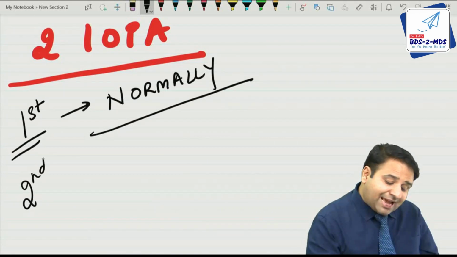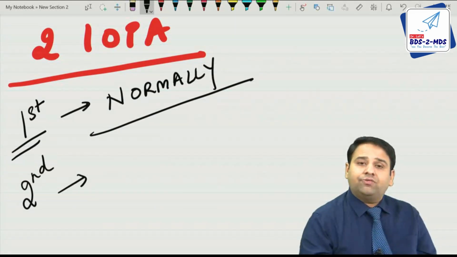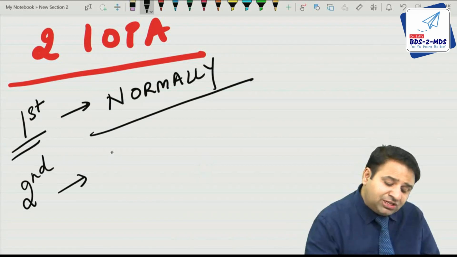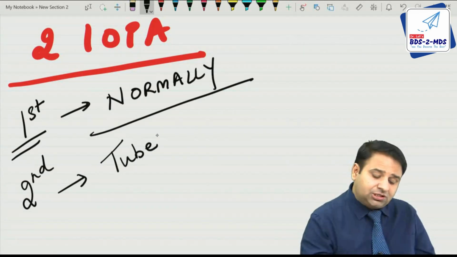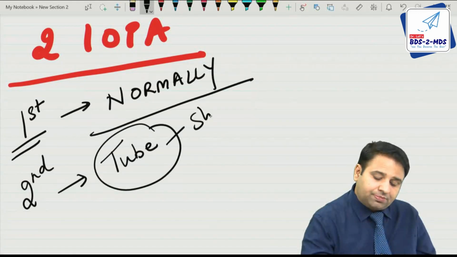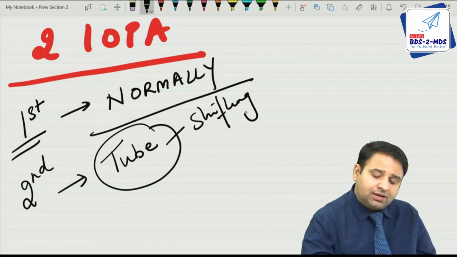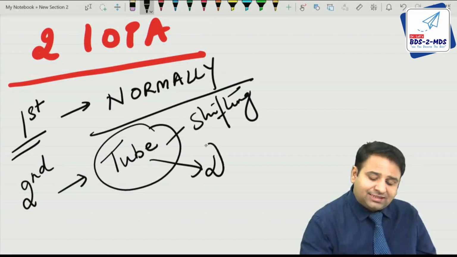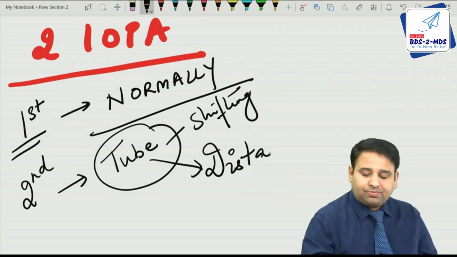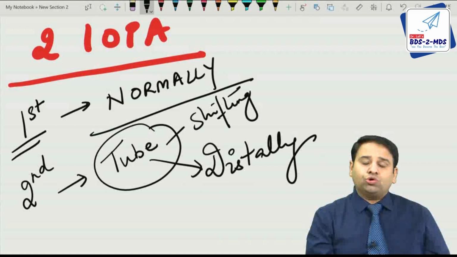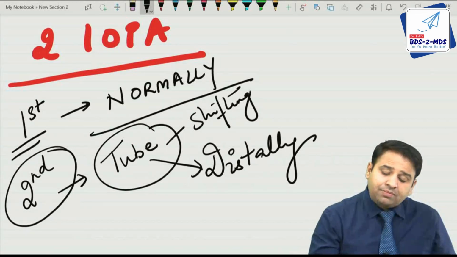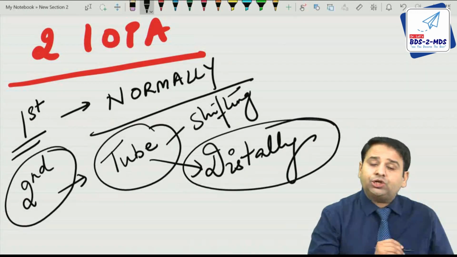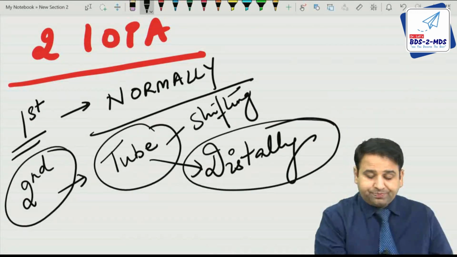But when I am taking the second IOPA, I will shift the tube. Suppose I am shifting the tube distally. So the second radiograph I have taken by shifting the tube distally, right?